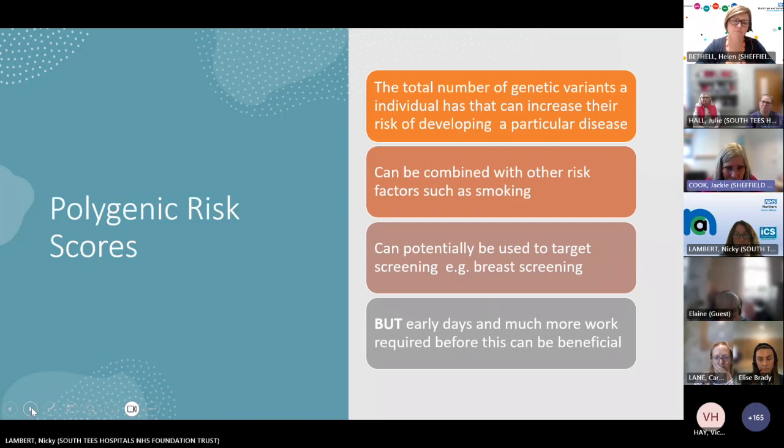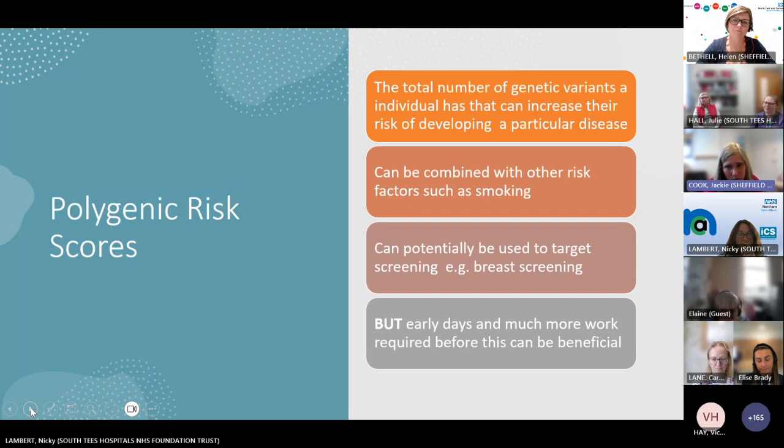Don't get me started on 23andMe or Ancestry and the information that they give you, but they give a lot of information using polygenic risk scores. And most of it is not to be believed because we just do not know enough about the risks.